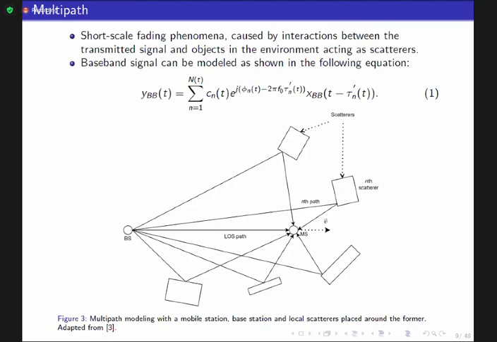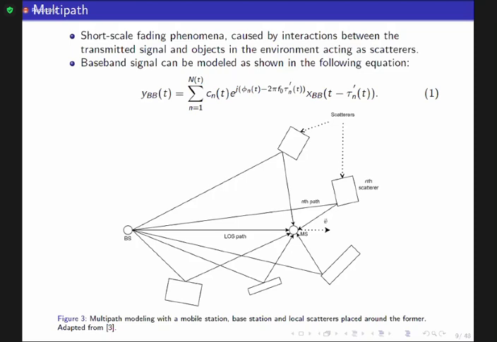So you don't get an ideal impulse response channel; you get a very complex channel, usually modeled as a sum of copies of the transmitted signal with different coefficients, and this leads to distortion.